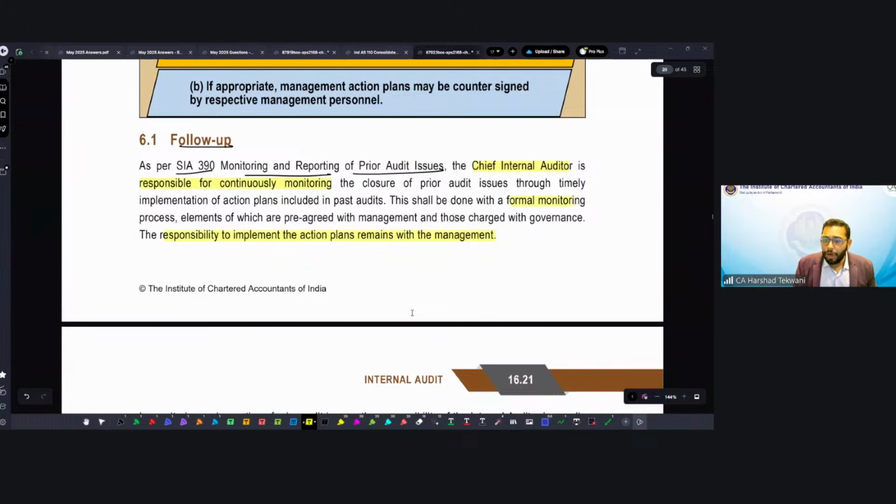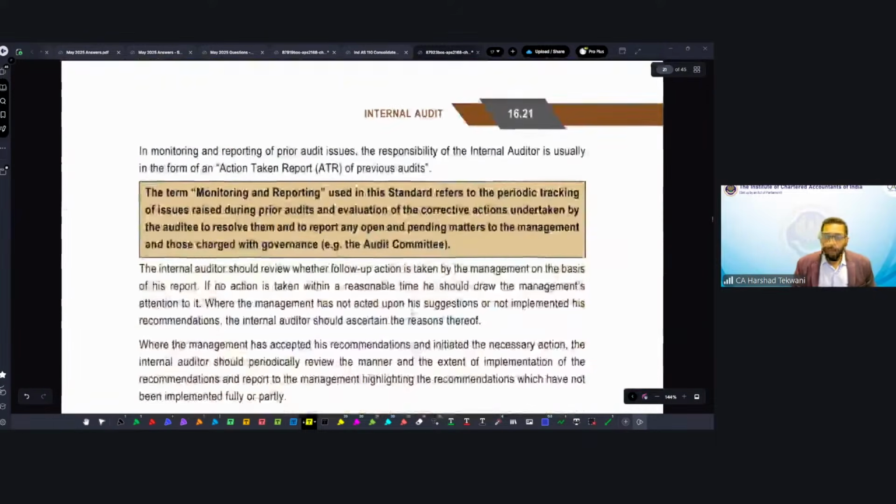This is the formal monitoring I was talking about, where you do monitoring as per the plan pre-agreed with the management. This monitoring is done based on the action taken report of the previous audit. You prepare this report, the action taken report, ATR, and present it to those charged with governance.